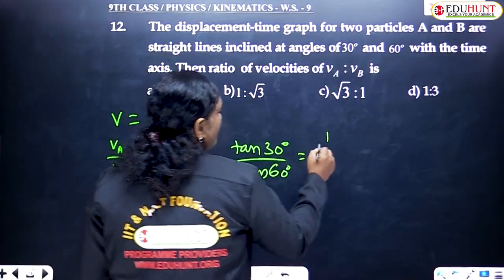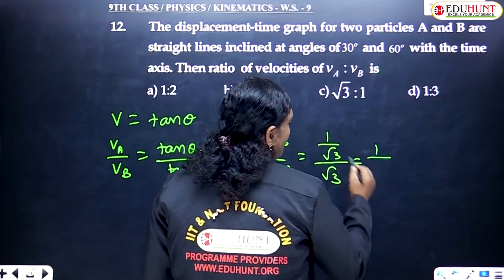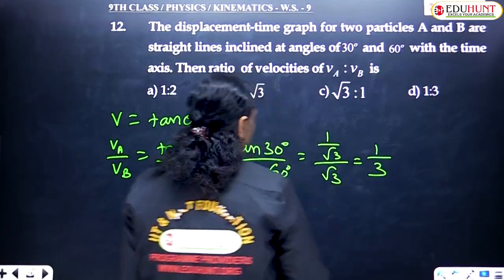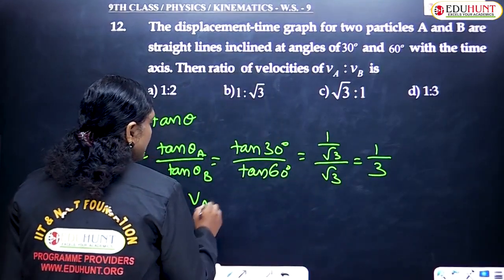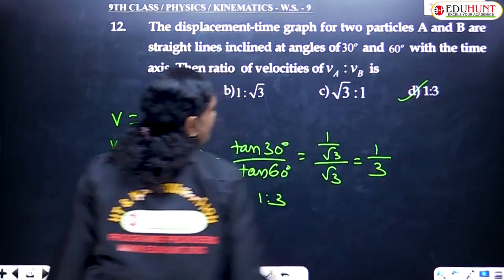We know tan 30 is 1 by root 3 and tan 60 is root 3. It is 1 by root 3 into root 3, that is 1 by 3. Therefore, VA is to VB is found to be 1 is to 3. Fourth option.